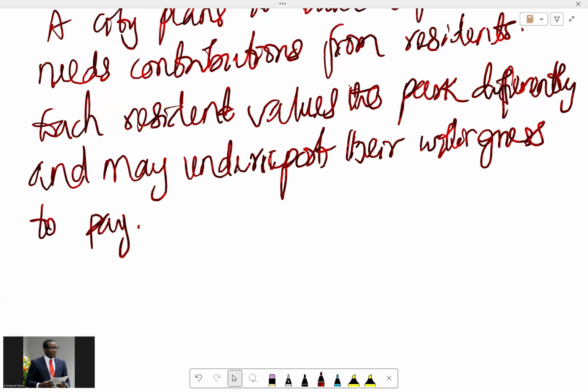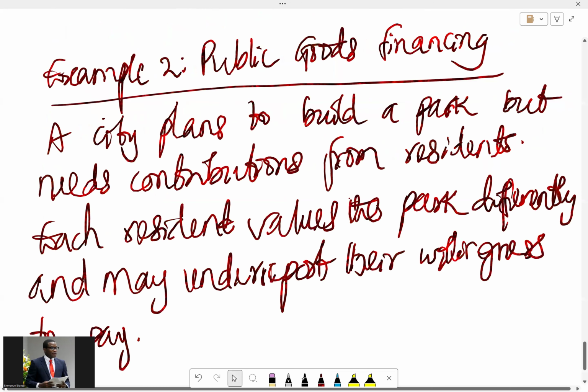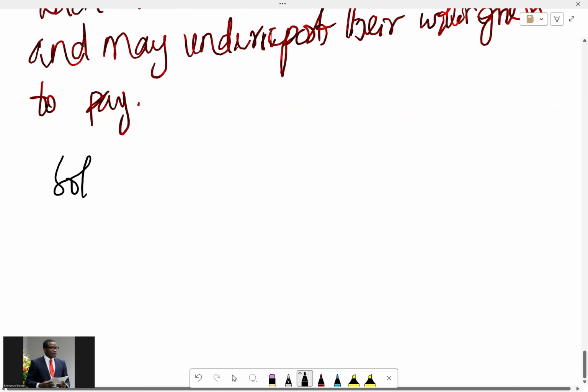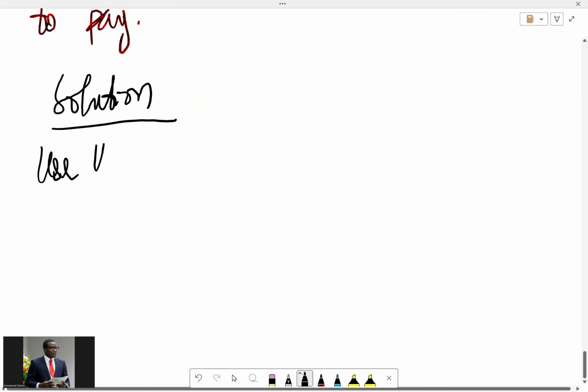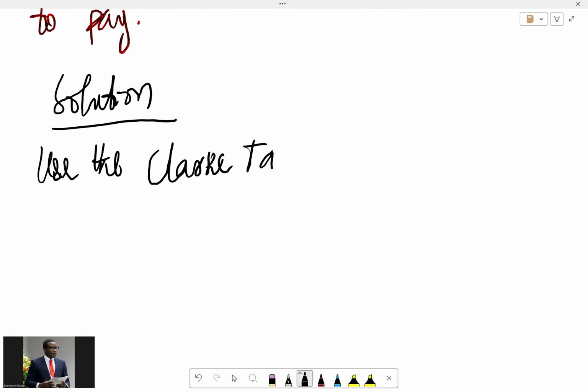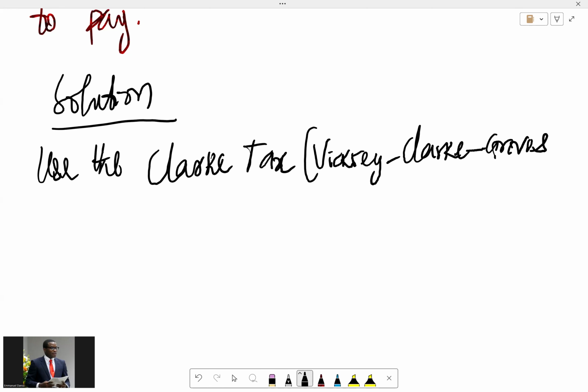So how do we take care of this situation? Here, we can consider a solution called the Clarke tax, or what is called the Vickrey-Clarke-Groves mechanism.